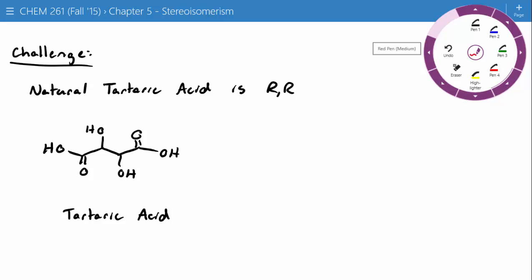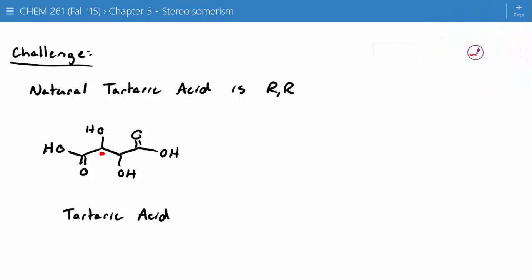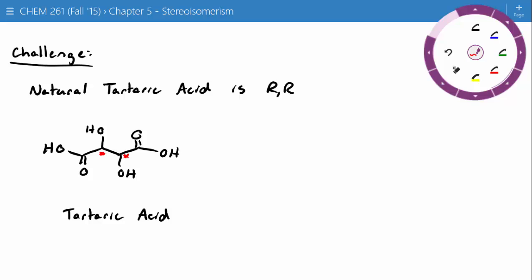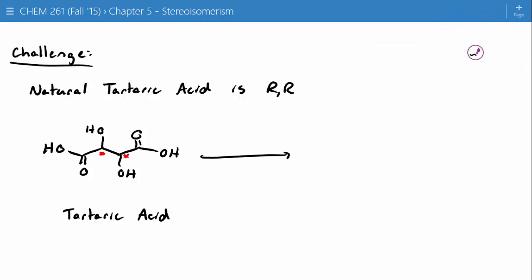Let's determine whether or not those are dashes and wedges, and then redraw tartaric acid in its proper form. I'm just going to redraw our skeleton.